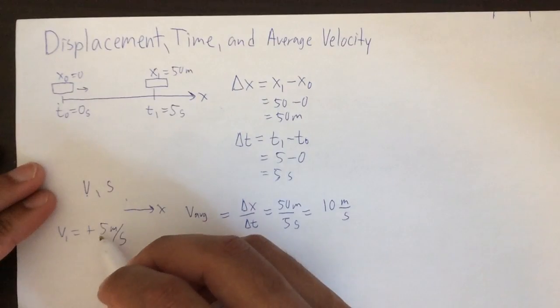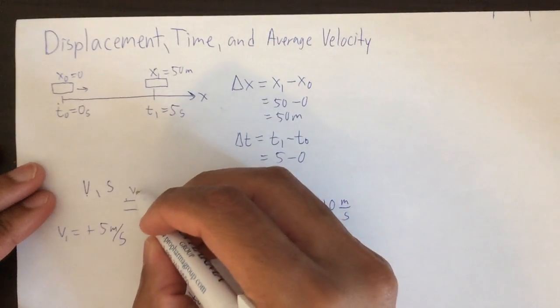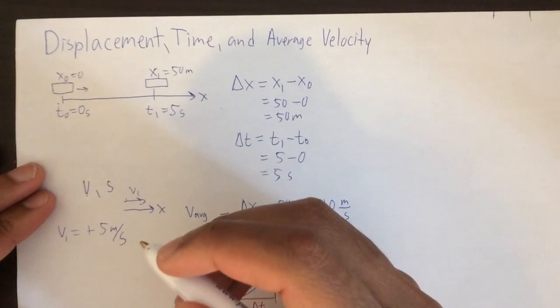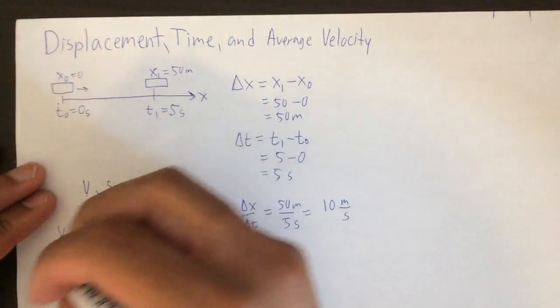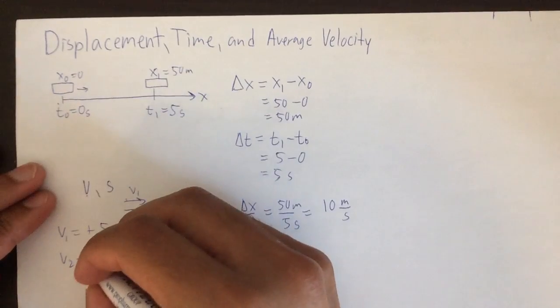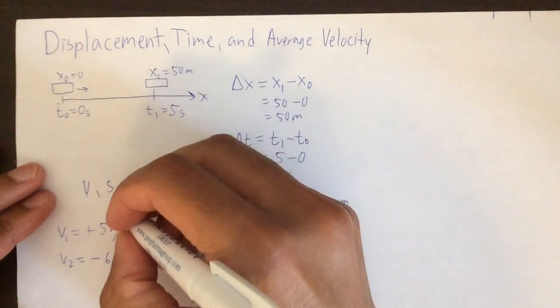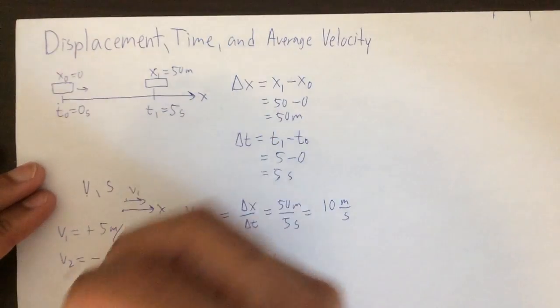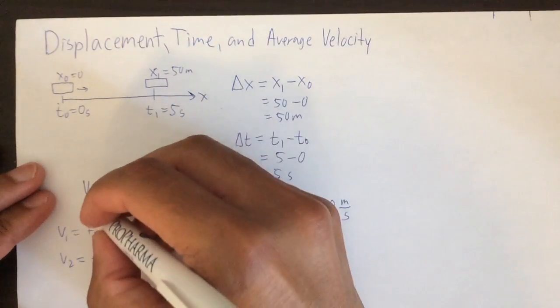We know that there's a velocity going in this direction at v1, and let's say we have another velocity that's v2, which is minus 6 meters per second. So we know that this other object that's going at v2 is going to be going this way.